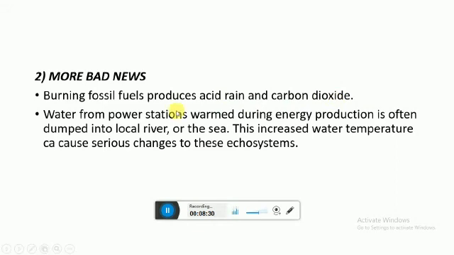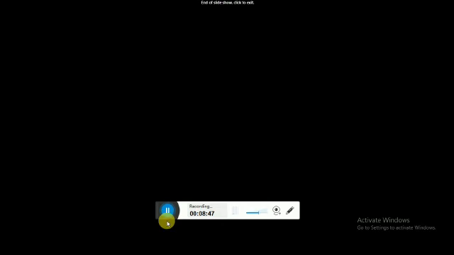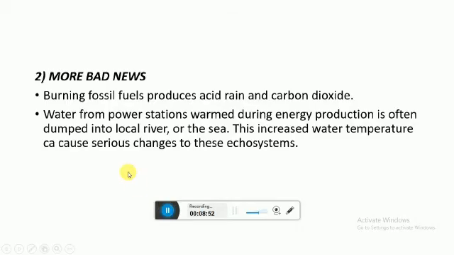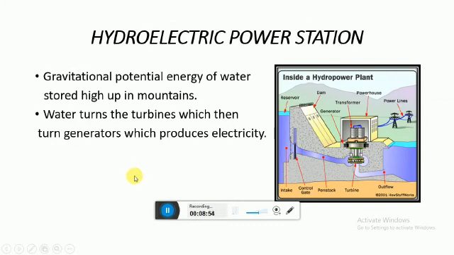Similarly, water used at hydropower plants and power stations is warmed during energy production, and that is often dumped into the river. If you remember the previous figure, look here, water is dumped into the river.